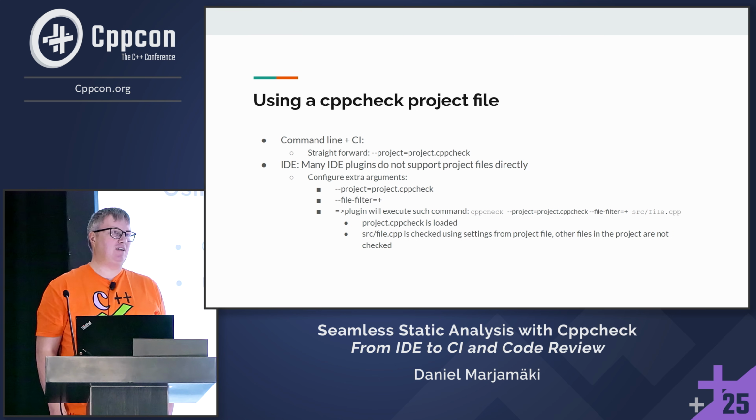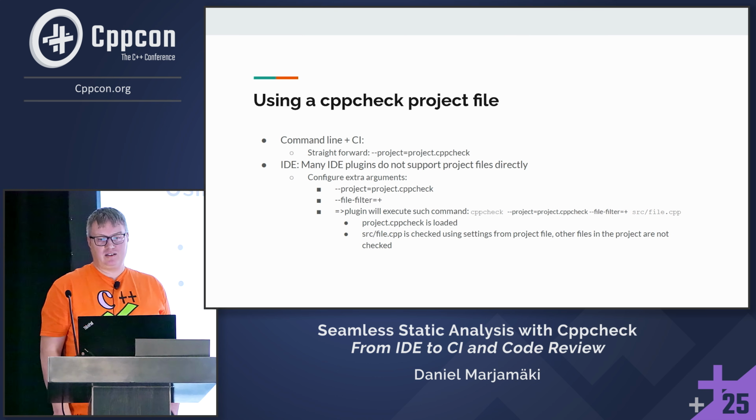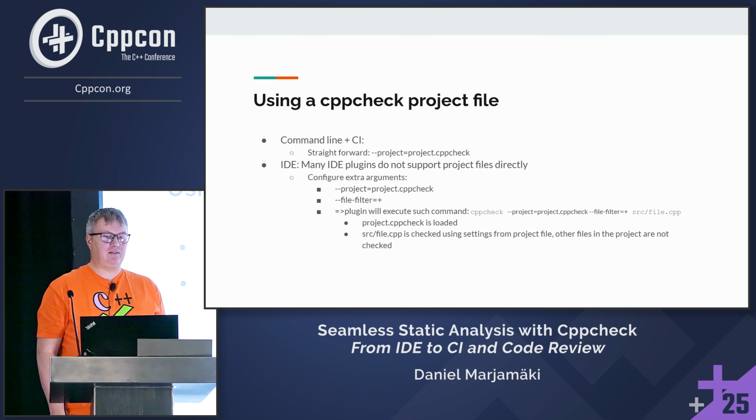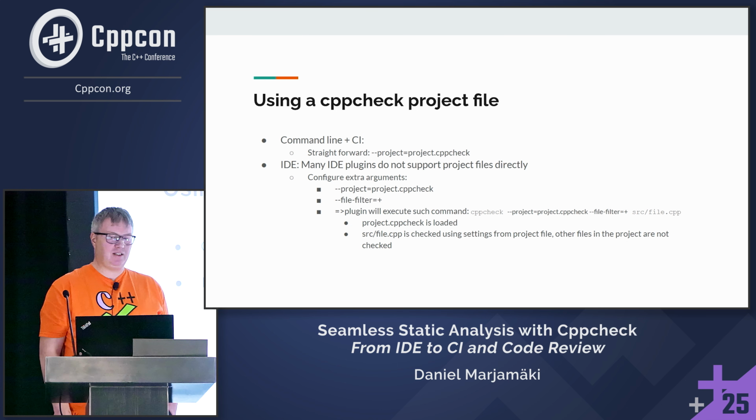And then if the plugin runs such a command that I show here, cppcheck --project --file-filter, and then a file name, then what cppcheck will do in this case is that it will load the whole project, all the settings, and then it will start to analyze the file that the plugin wants to analyze. And no other files will be analyzed.